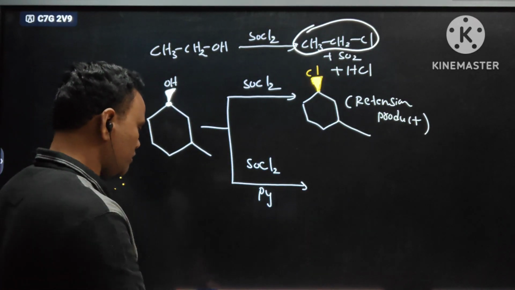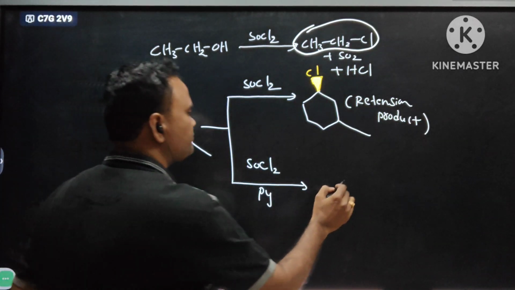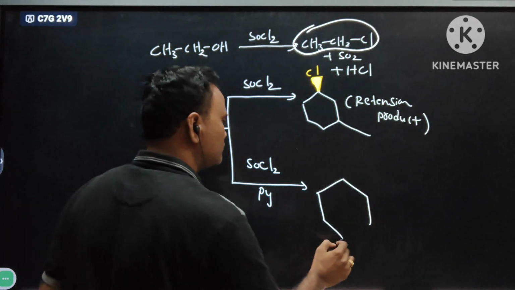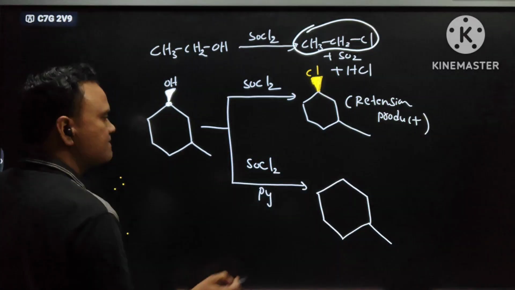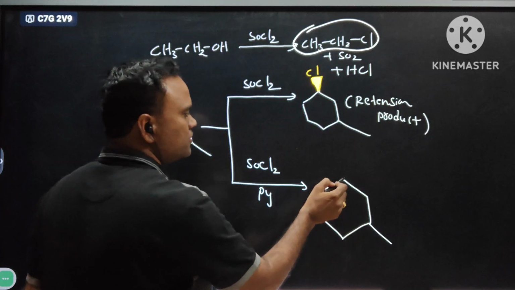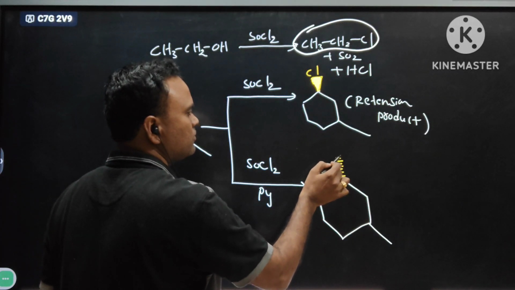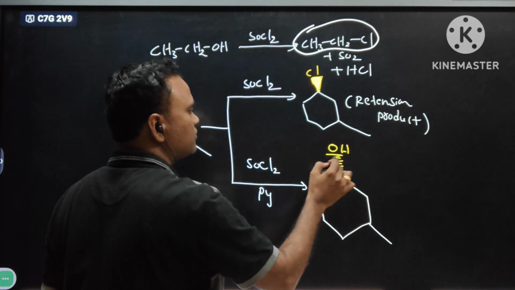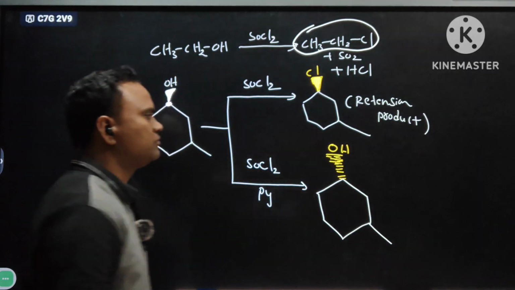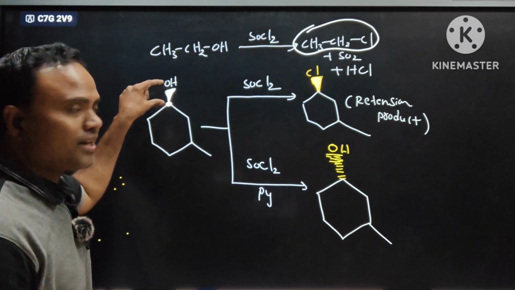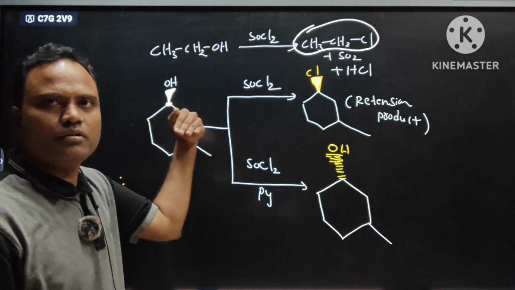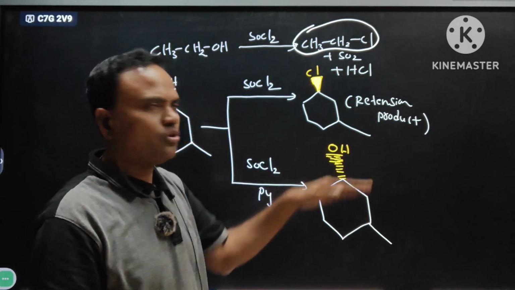With SOCl2 and pyridine, observe here. This is the methyl group. See here. Dashed line means below the plane. In the reactant, OH is above the plane. In the product, Cl is below the plane.